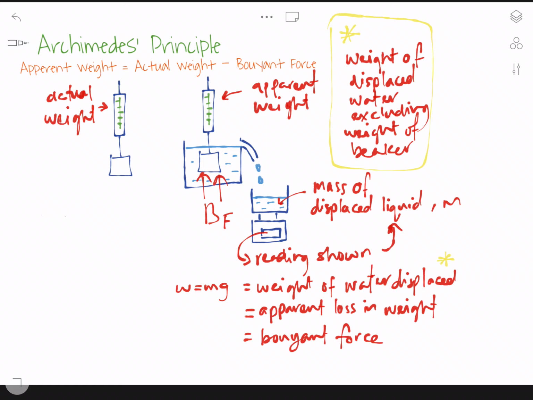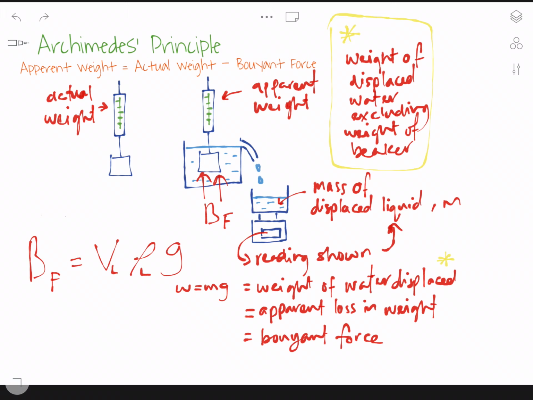And the formula for buoyant force is V rho g. To make it clearer, let us write here V_L means volume of liquid displaced, rho is the density of the liquid, and g is gravitational acceleration.